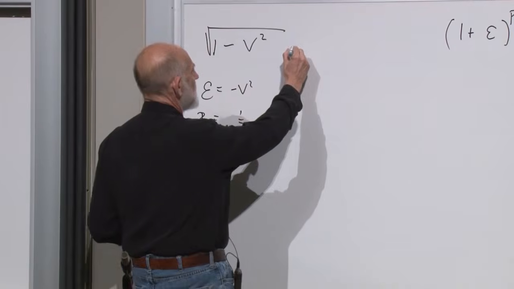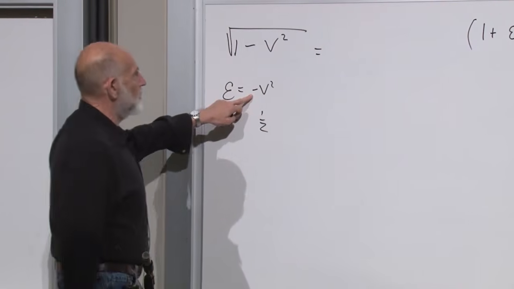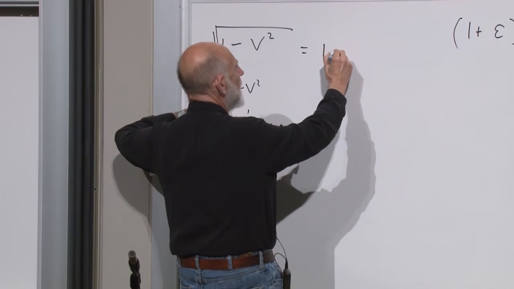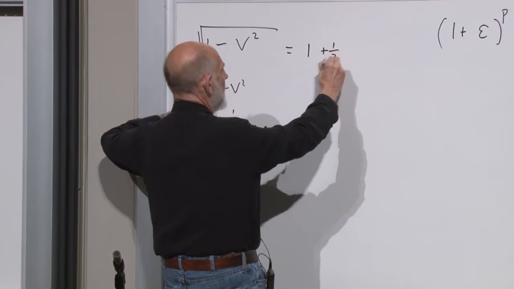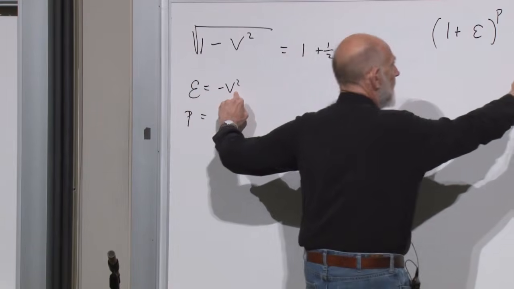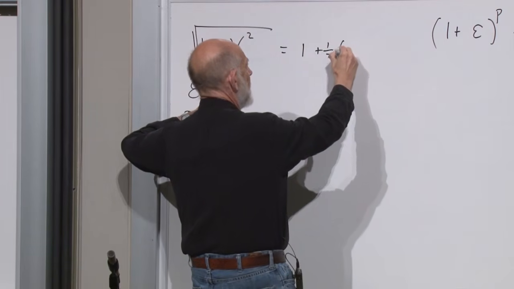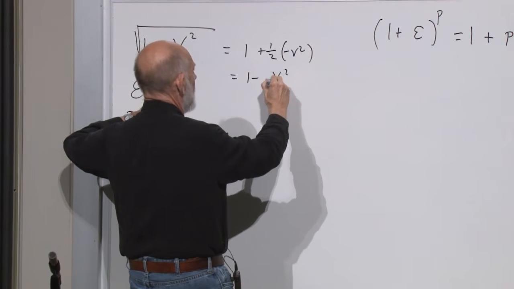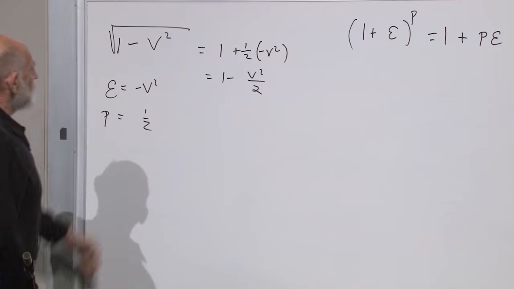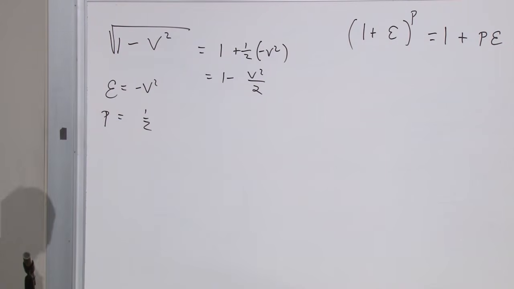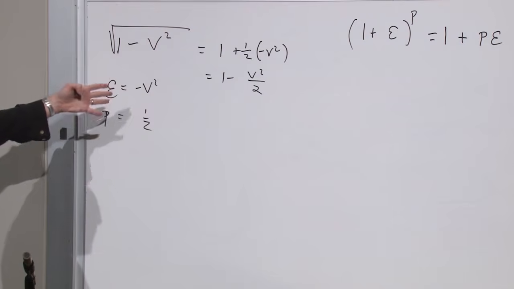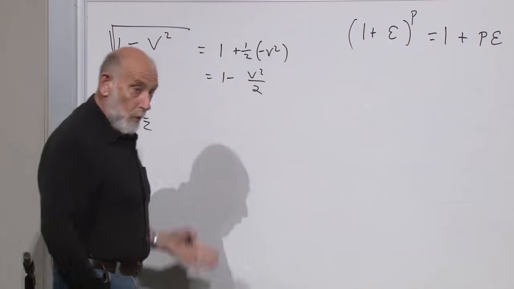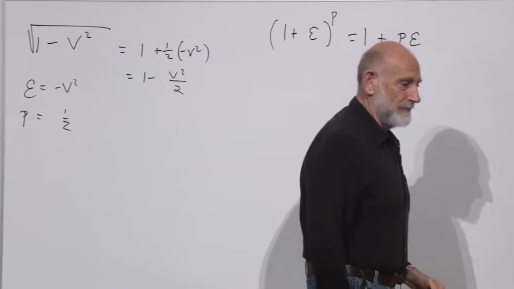And so this becomes 1 plus p epsilon, which is 1 plus 1/2, that's the p, and then epsilon is minus v squared, which is the same as 1 minus v squared over 2. So that's a pretty good approximation for small velocities, in particular for non-relativistic velocities: the square root of 1 minus v squared is just 1 minus v squared over 2.